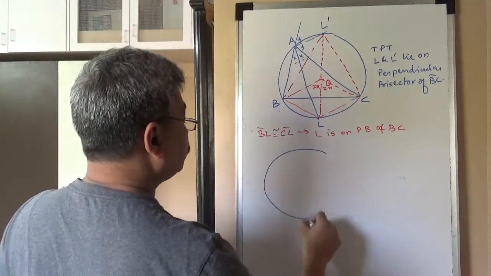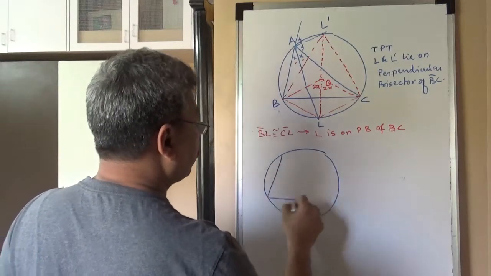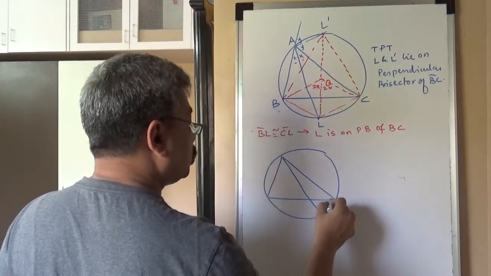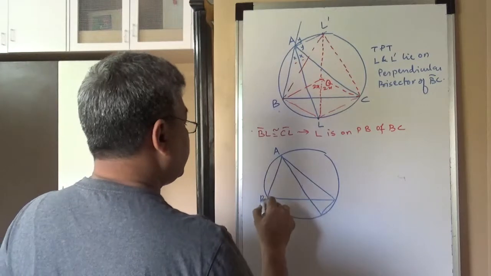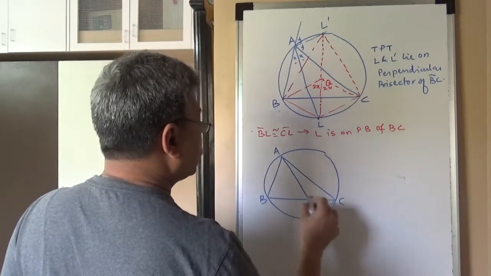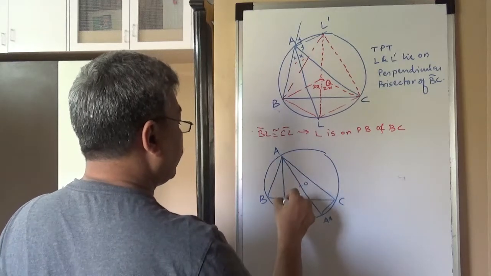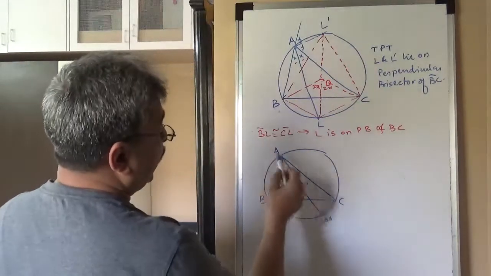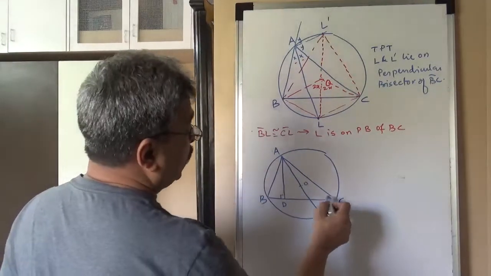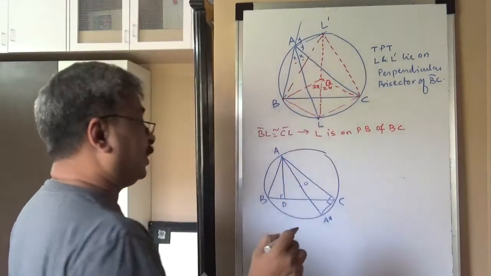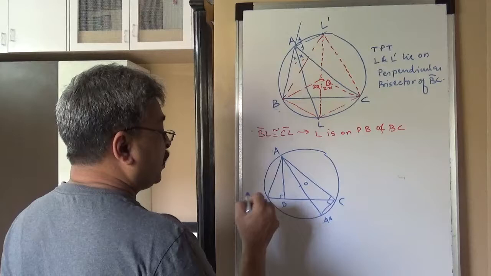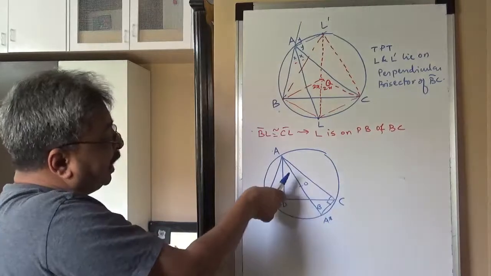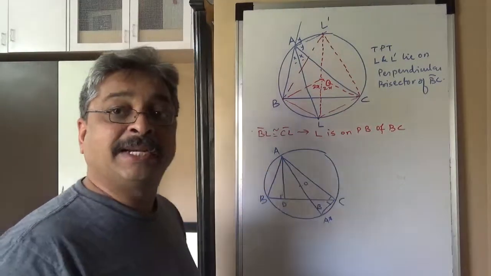So if in a circle we have a triangle ABC, we have this diametrically opposite point A star, so this is O, and then we have altitude D. Now you must notice that A and A star are diametrically opposite, therefore the angle at C is 90 degrees, and if this angle is capital B, then this angle also will be capital B, because AC inscribes angle B at B and AC inscribes angle B at A star.